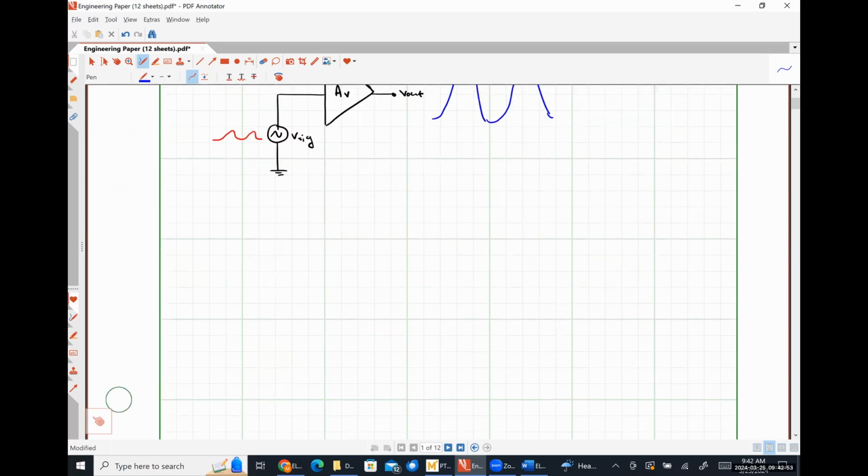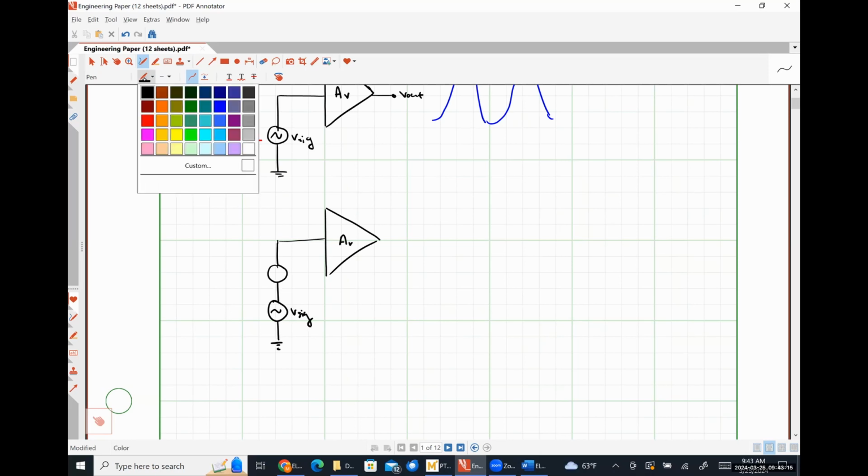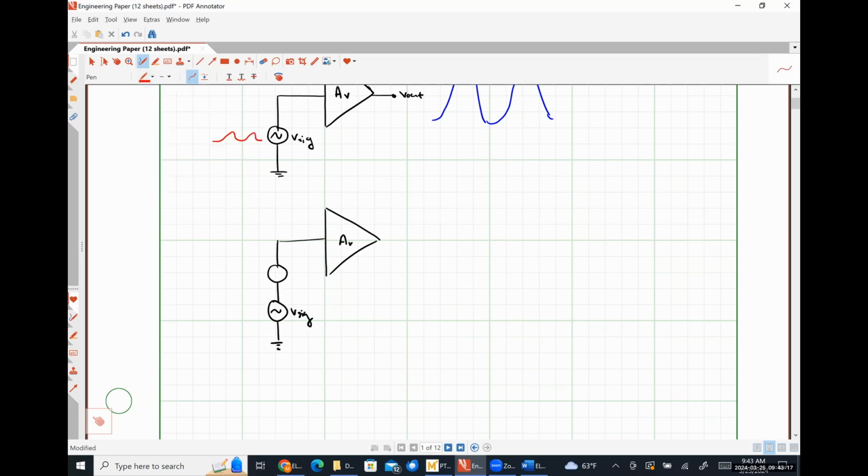So if we had something like this, where we have our simple amplifier circuit, but now, instead of just a nice, clean input signal V sig, where we have a simple sinusoid, we also throw some noise on top of it.